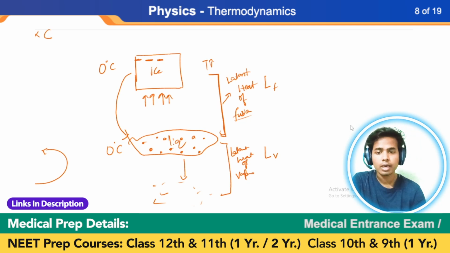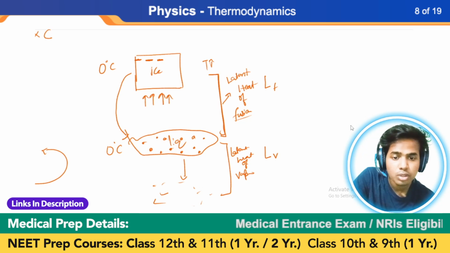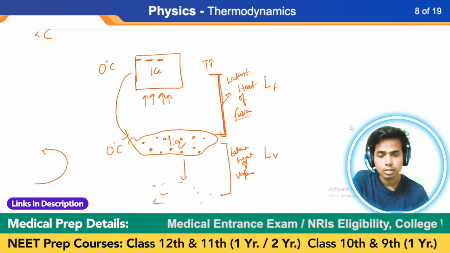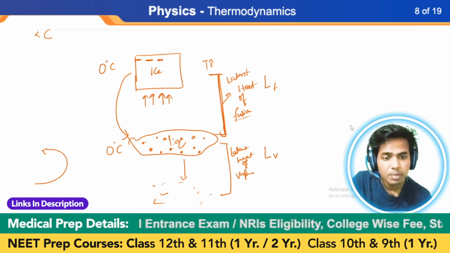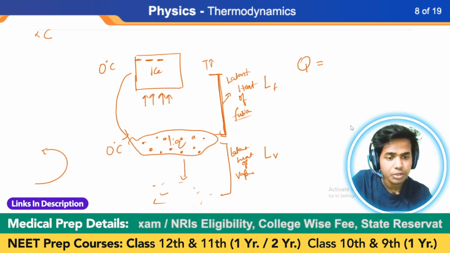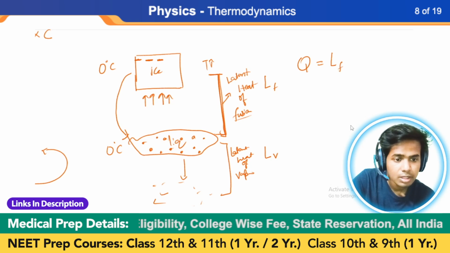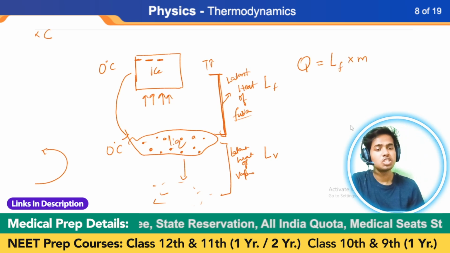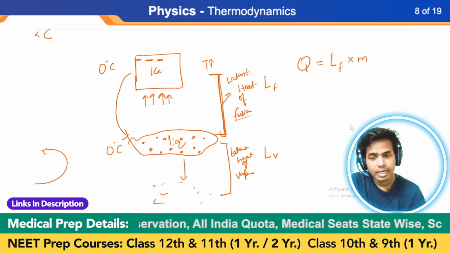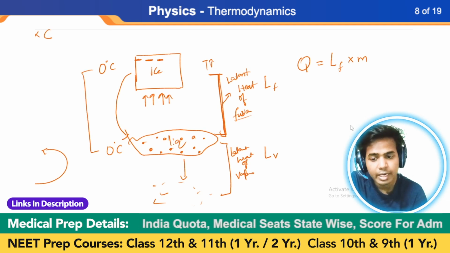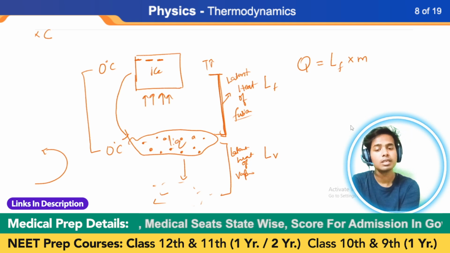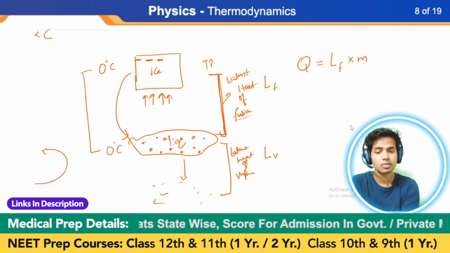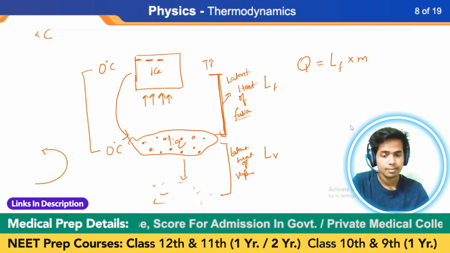Now if I have to calculate how much energy had to be given, then this simply becomes Q is equal to latent heat of fusion times the mass of the object. Why didn't we take the change in temperature, delta T, here? Because it is at the same temperature that we are looking at. We are not at all looking at the rising or falling temperature. We are just looking at the change in state.